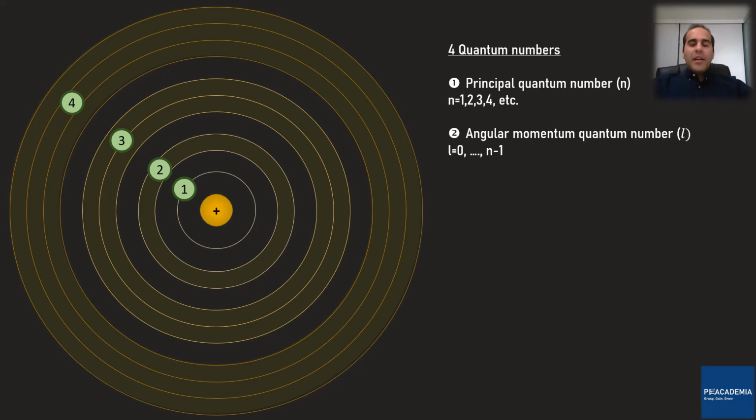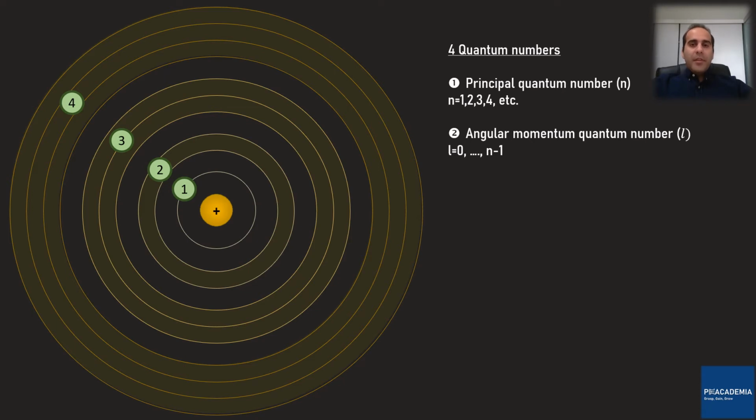Similar to the energy levels, we assign numbers to the sublevels, and those numbers are nothing but the angular momentum quantum number, or L. L for the first sublevel is 0, for the second is 1, and this trend continues.